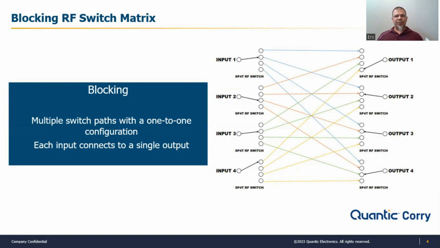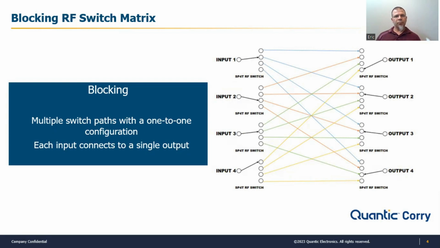So that's why it's referred to as a blocking matrix, because if you take input one and select output two, it blocks you from being able to select one of the other outputs for a different input. Okay.